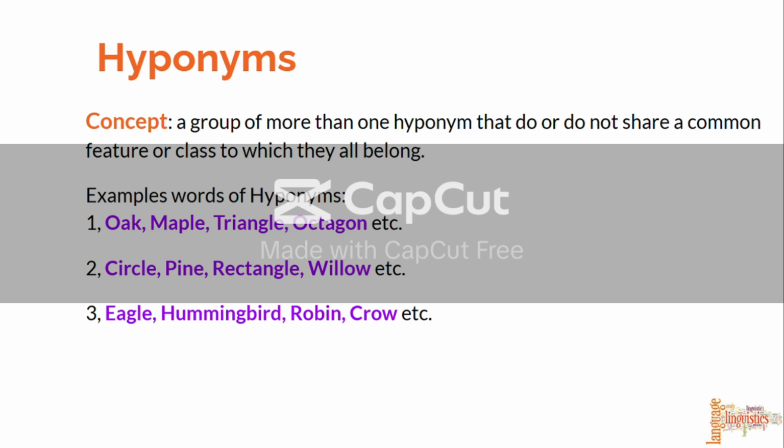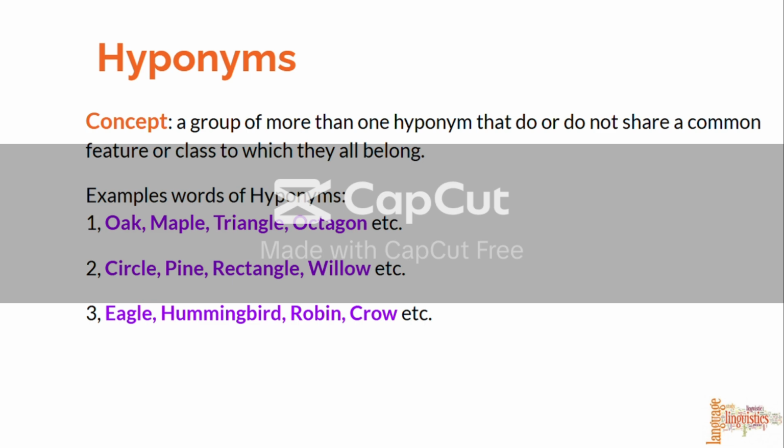I think I should correct something here. That is, the concept of hyponyms, it is referring to a group of words that are hyponym and they are not sharing a common feature or a class.